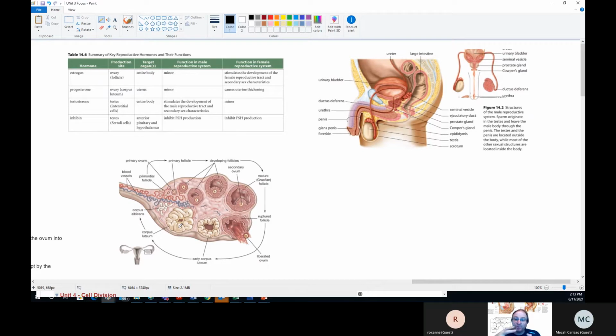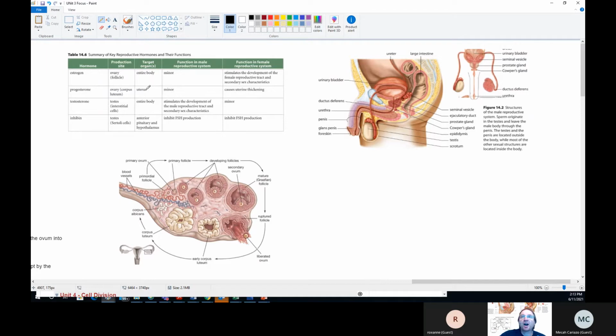a woman gets pregnant, is incredibly important. Progesterone is what keeps the pregnancy going. It's a super key hormone. As you read through this unit and watch the videos, you're definitely going to run into that fact.